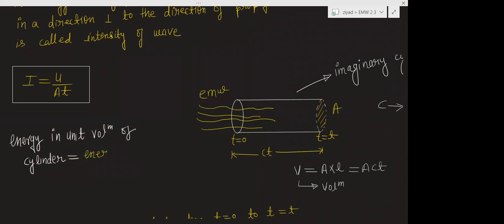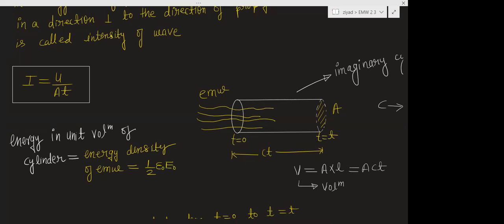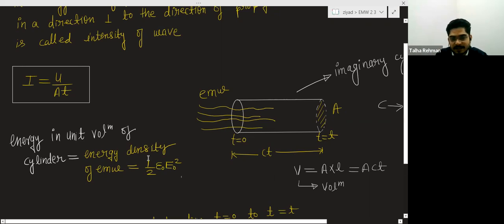And what is the energy density of the electromagnetic wave? In terms of the electric field, you can write half epsilon naught into E naught square. So basically, this is the energy in the unit volume of the cylinder.